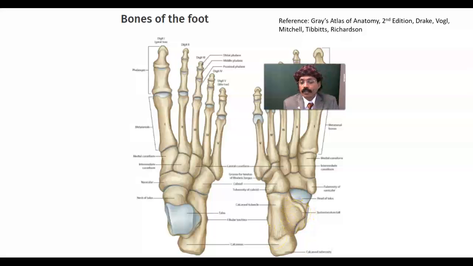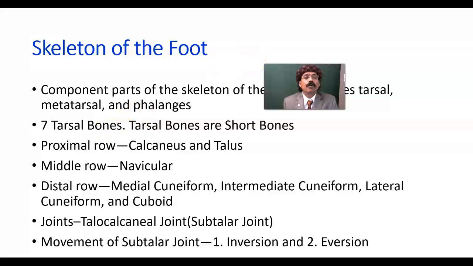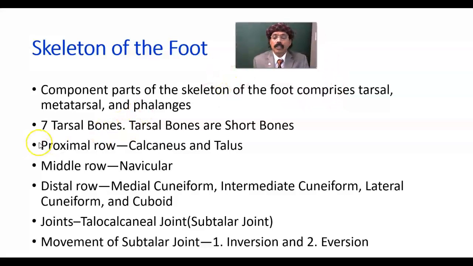Now we'll go to the component parts of the skeleton of the foot. We have the tarsal bones, then the metatarsal bones, and these are the phalanges. We have 7 tarsal bones. Tarsal bones are short bones.